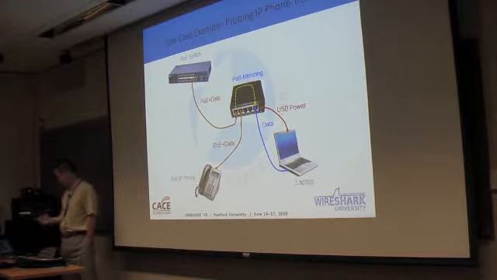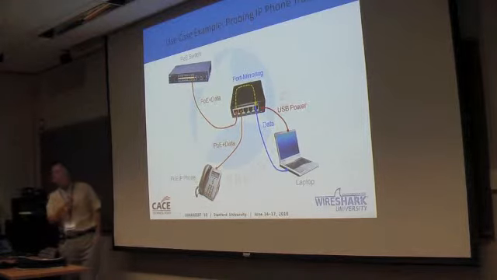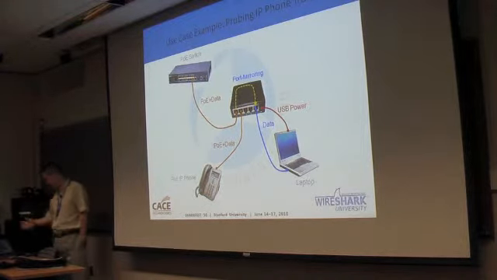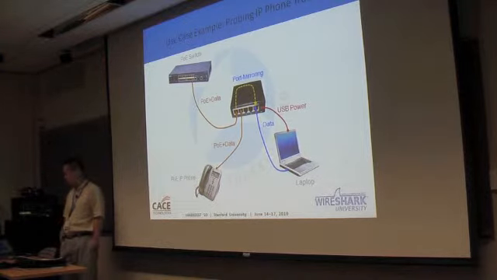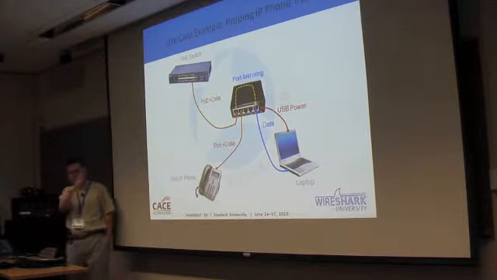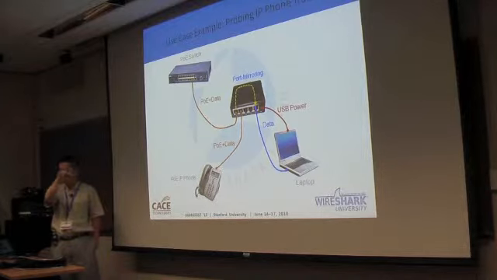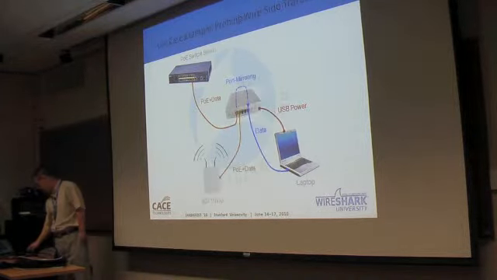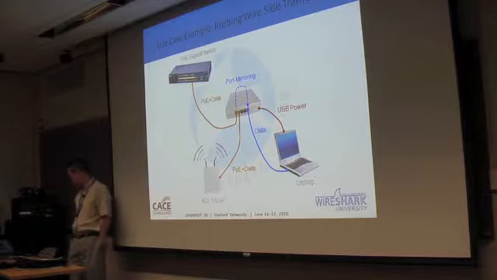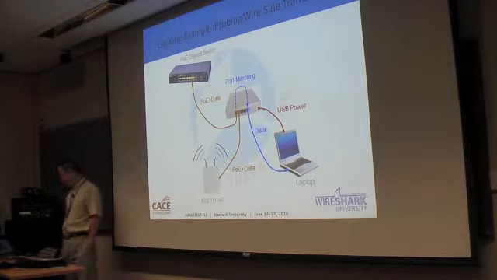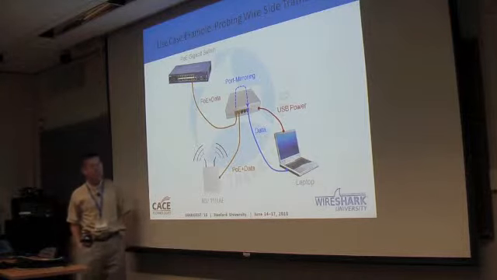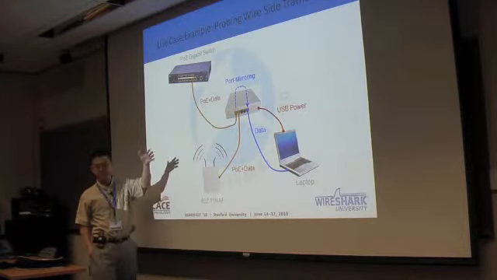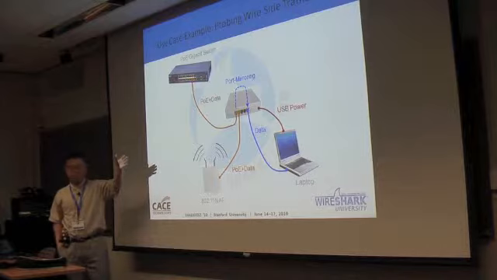So this picture shows how this device could be used for, say, probing the IP phone. The features we talk about are PoE pass-through and hardware port mirroring. The next one I want to show is probing the wire side traffic of an access point. I package this as a gigabit switch.